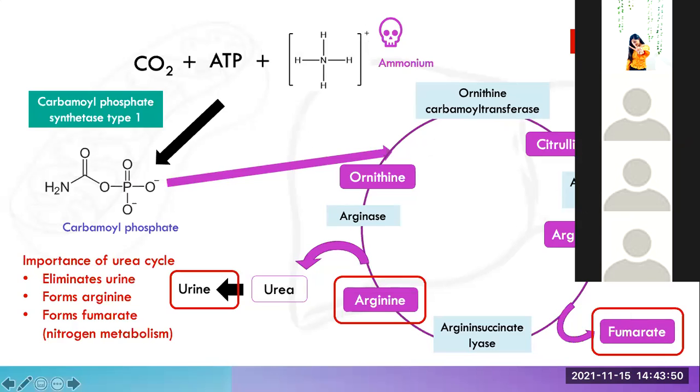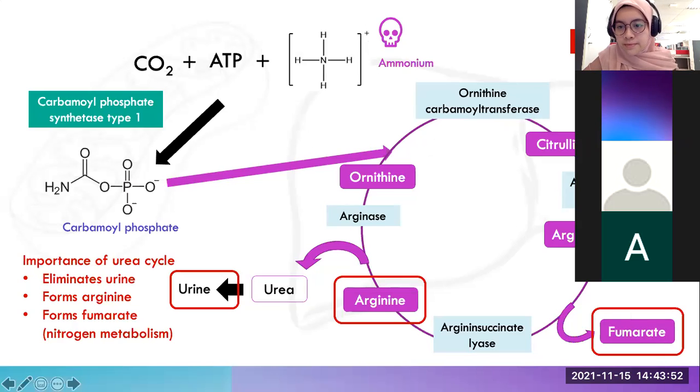Doctor, is there any phosphorylation process in this cycle? Phosphorylation depends on which reaction. But for your syllabus itself, it's just important for you to know which intermediates are converted to which intermediates.